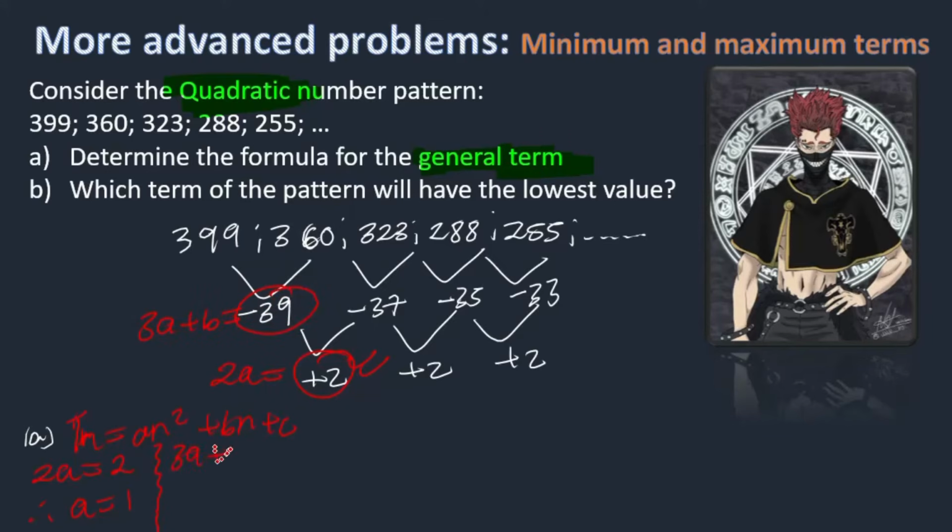So 3a plus b must be equal to negative 39. Substitutions. So this is 3. When I transpose it to the other side, I'll have b is equal to negative 39 minus 3. That's negative 42.